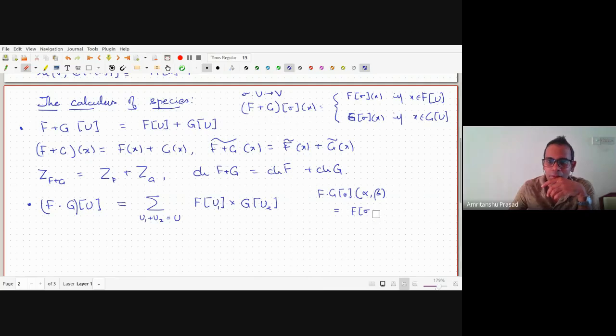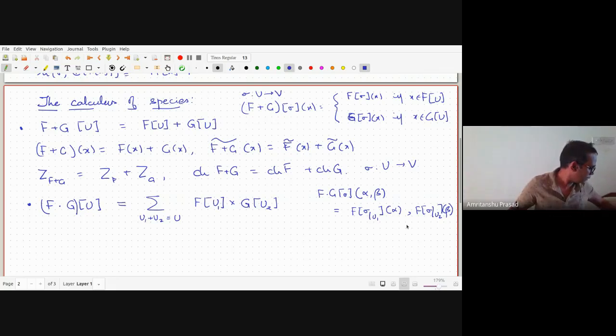So we have sigma from U to V. So sigma will take U1 to some subset of V and U2 to some other subset of V. So sigma restricted to U1 and sigma restricted to U2 will also be arrows in the category FP. And I guess you'll have to take this. So you just transport the structure in a natural manner.